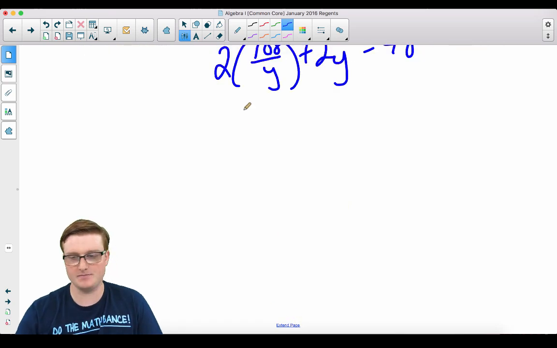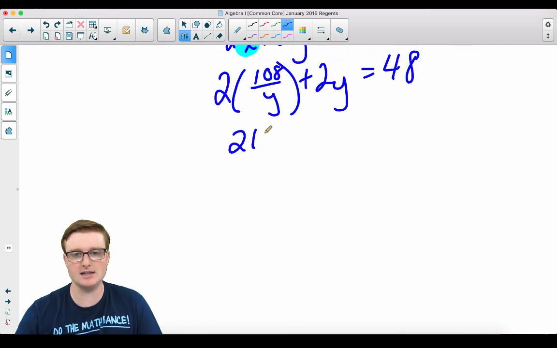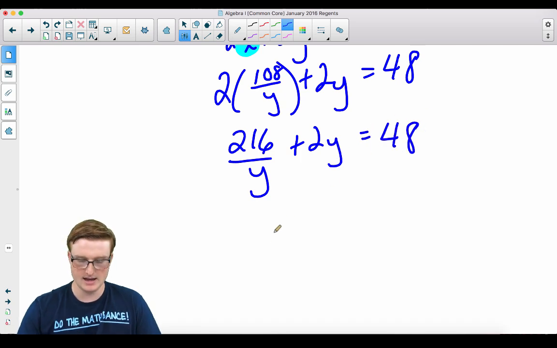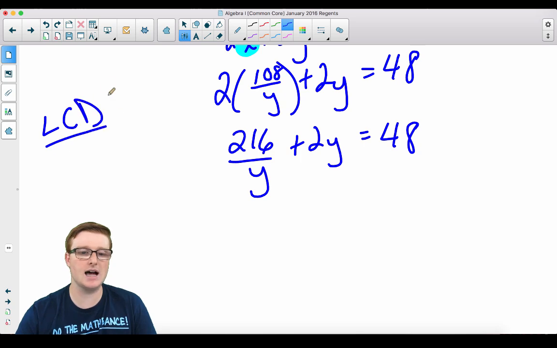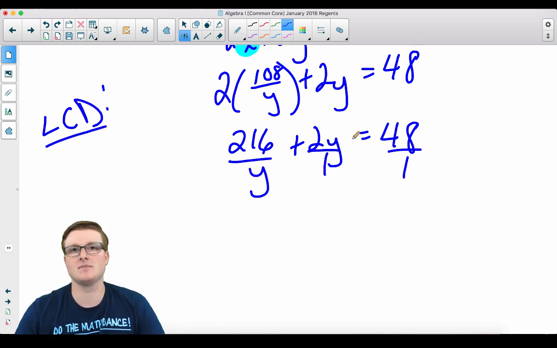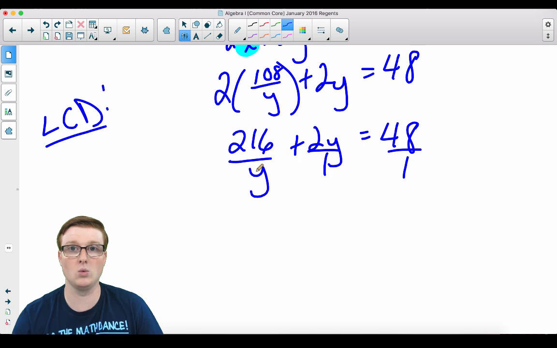So now we get 216 over y plus 2y is equal to 48. Now, in order to solve for y, you need your least common denominator. This number and this expression have an LCD of 1. This has y.